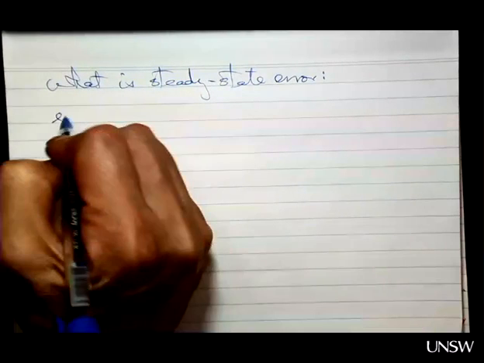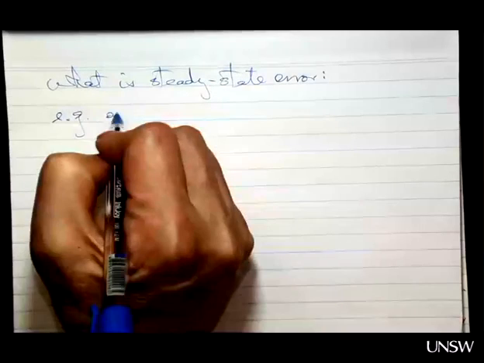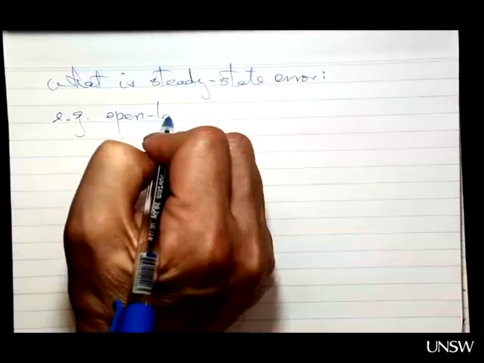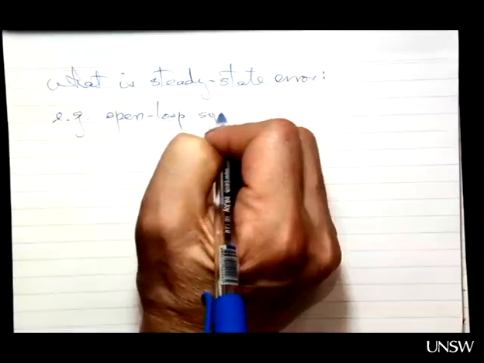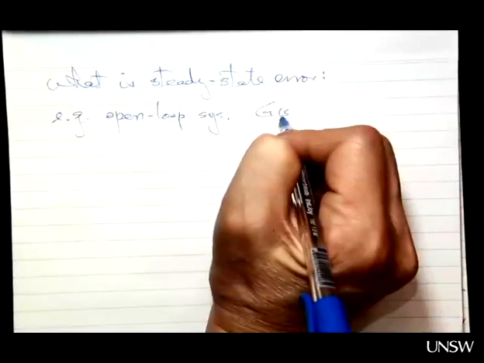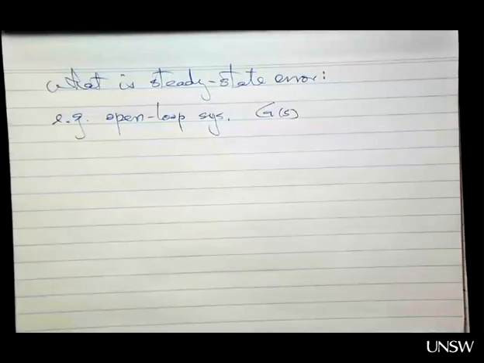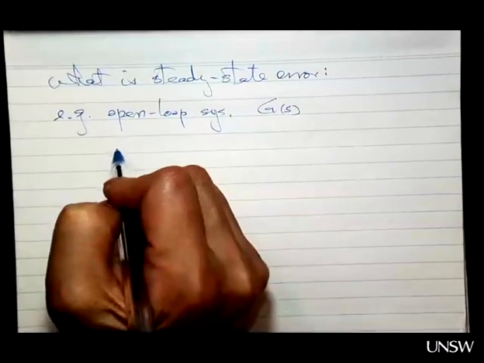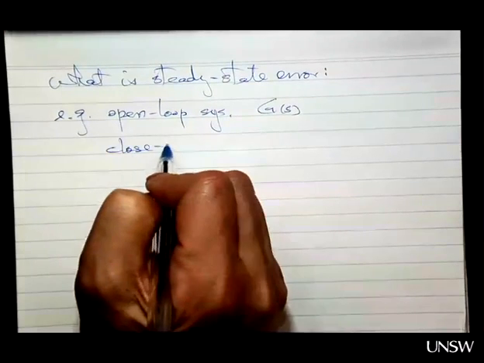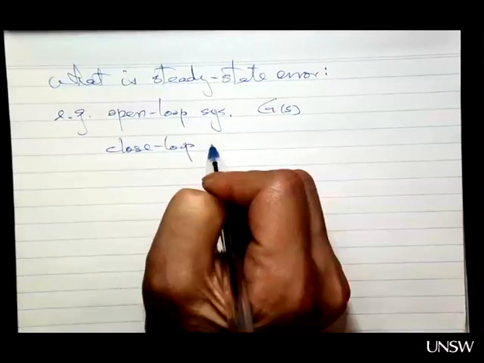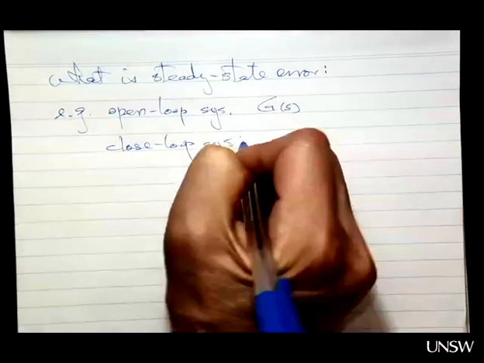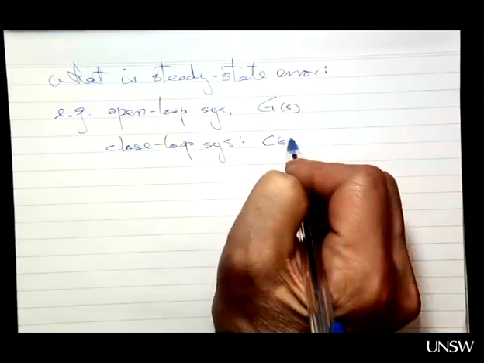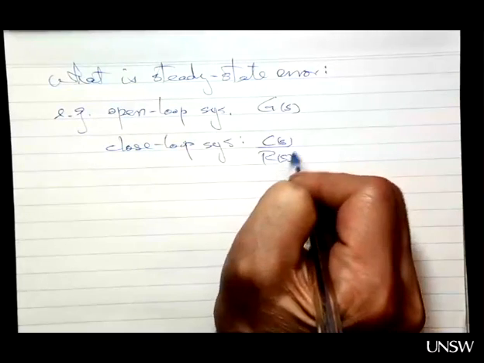Okay, for example, suppose we have the open loop system, which is G of S. Then the closed loop is the response divided by the input.